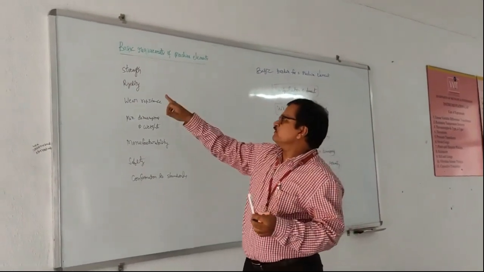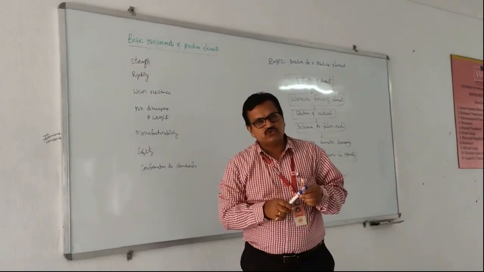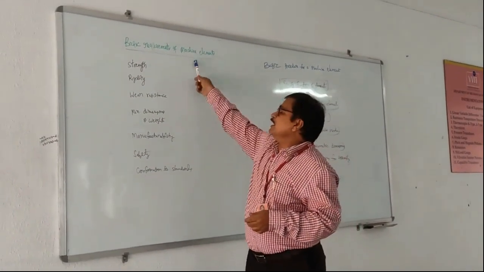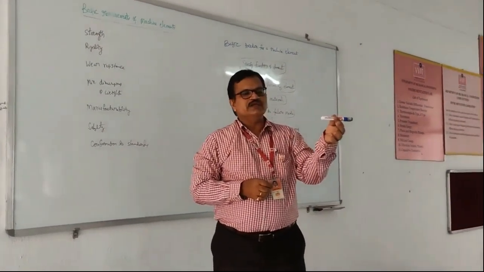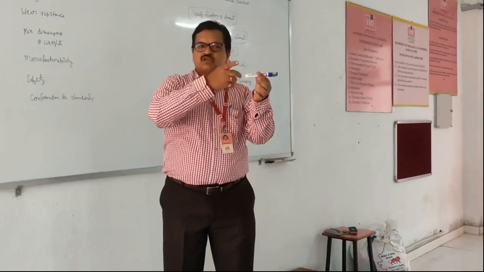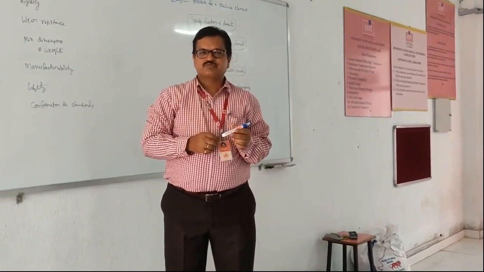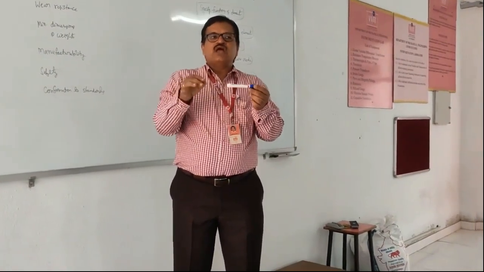Next, rigidity. Rigidity means the element should retain its geometry. Initially, it is a cylindrical member, circular in cross section, and it is linear.